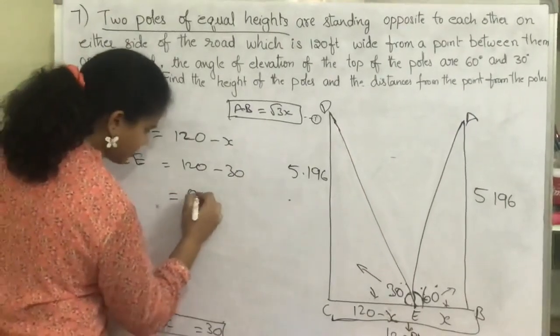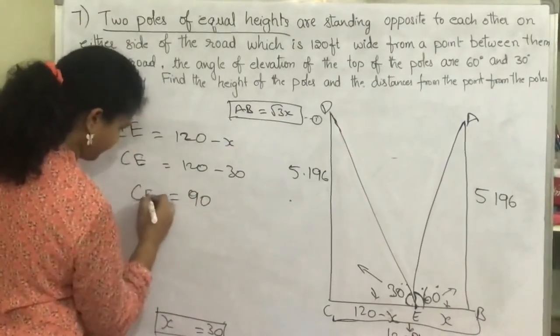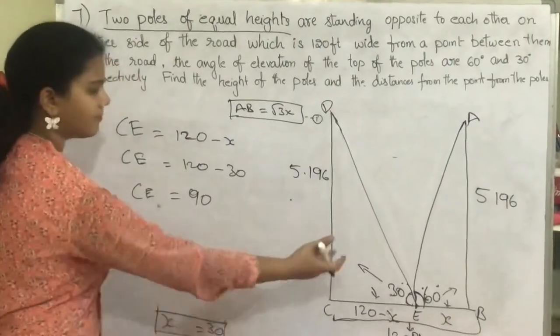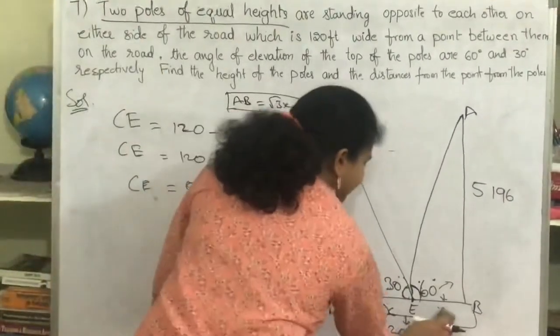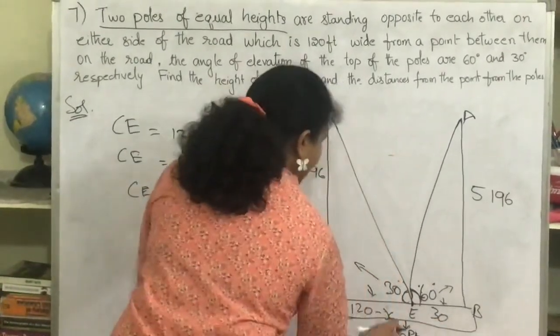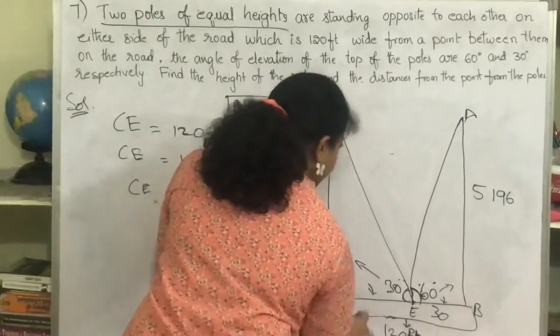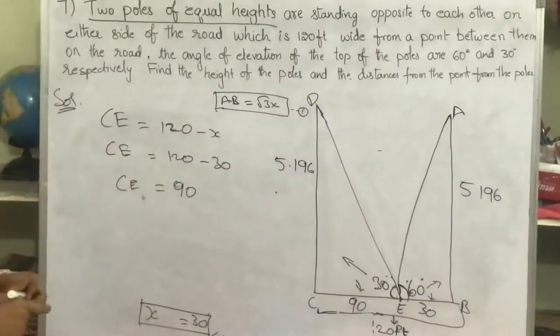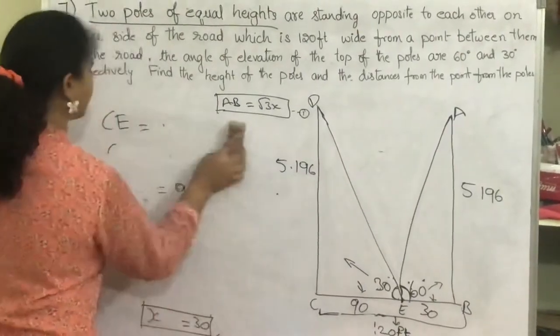Thus CE equals 90. So BE equals x, where the x value is 30 and the CE value is 90. So 90 plus 30 is 120, right?